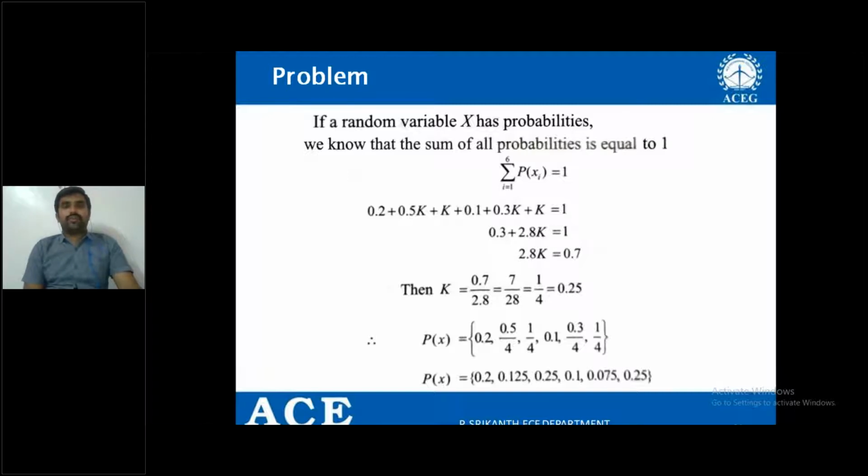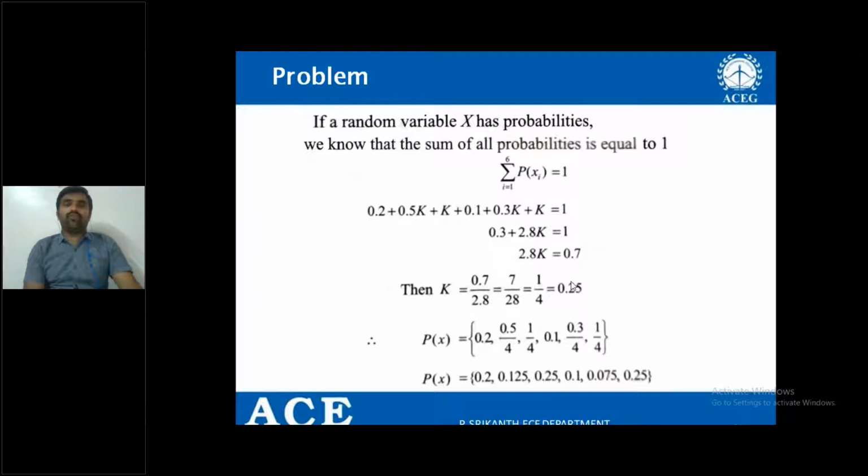If I substitute all the probabilities from the given table, I can write the expression as 2.8k plus 0.7 equals 1. By simplifying this expression, I can write the value of k as 0.25.